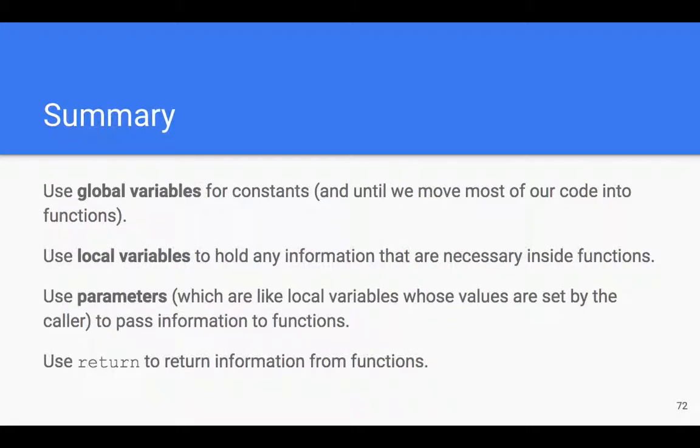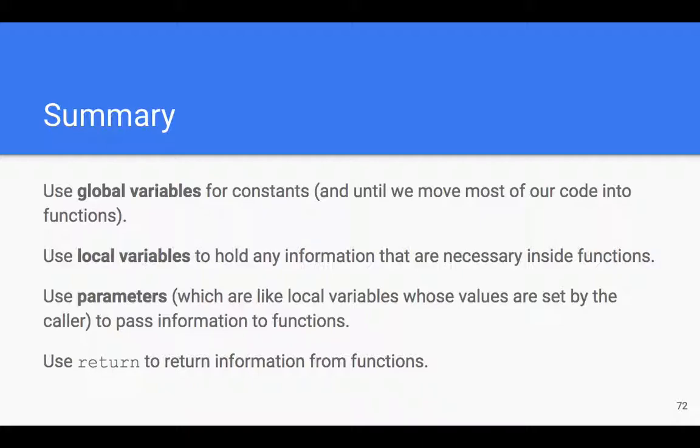Okay, so as a summary, you use global variables, but only for constants and until we move most of our code into functions, and use local variables if inside a function you want to hold any sort of information, right? And most information that you need inside a function should really only be visible inside the function anyway.